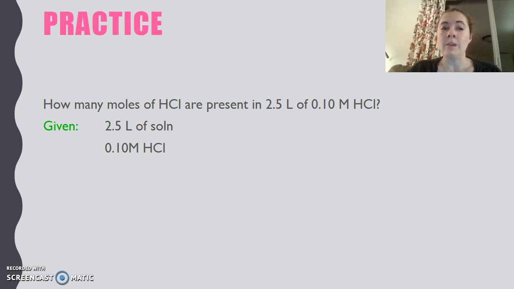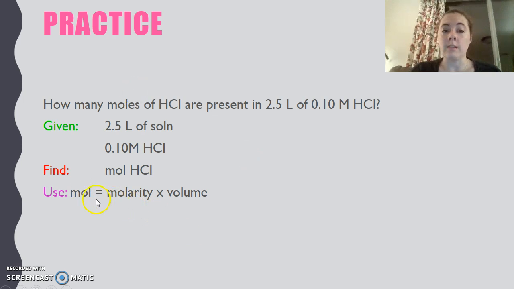So I'm given the volume and I'm given the concentration. If I go back to my molarity triangle and cover up moles, that's what I'm trying to find, I should see an equation that looks like this: moles equals molarity times volume. So in this case, 2.5 times 0.1.